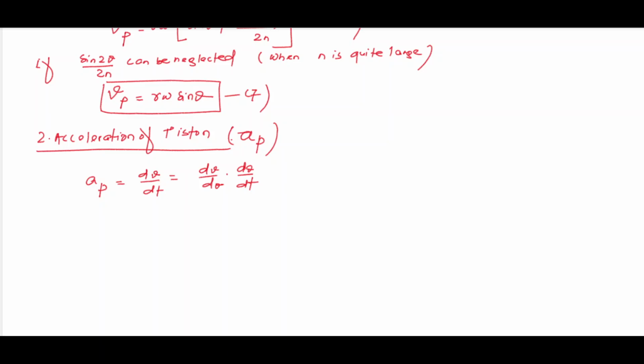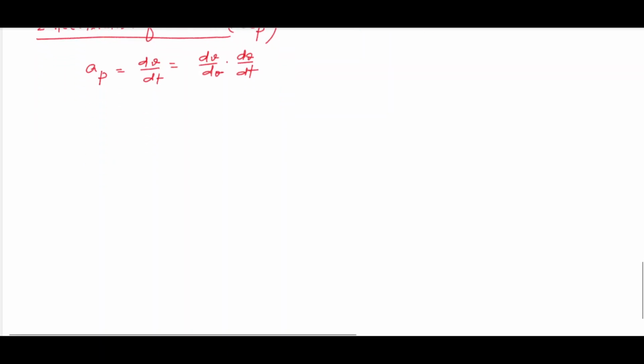So we can represent this AP as d by d theta of r omega (sine theta plus sine 2 theta by 2n) into omega. D theta by dt is omega.